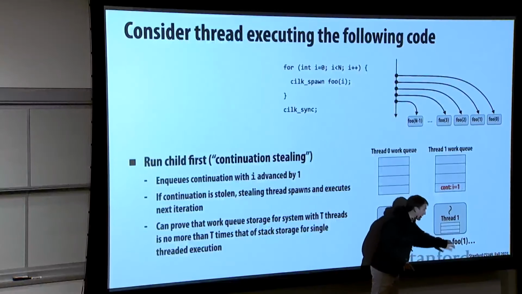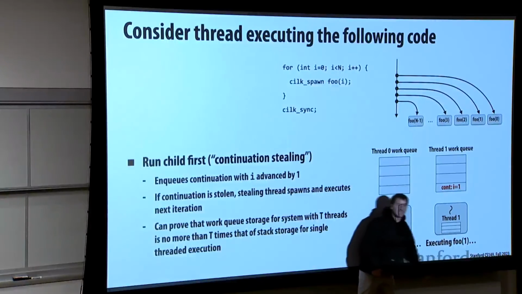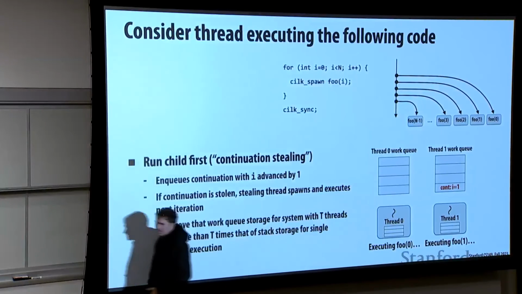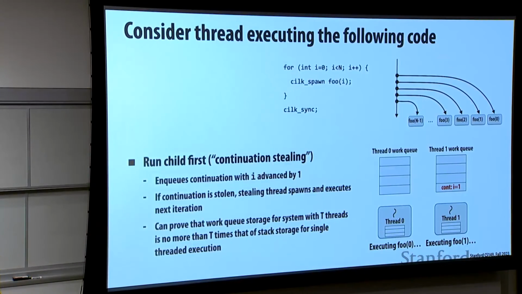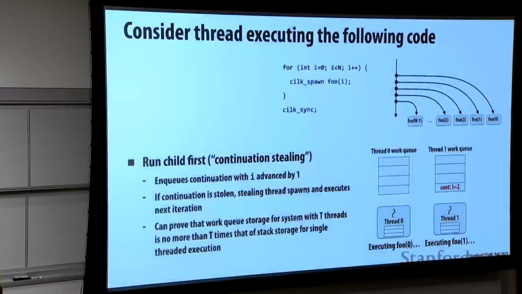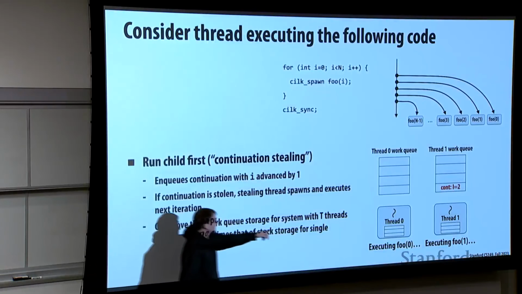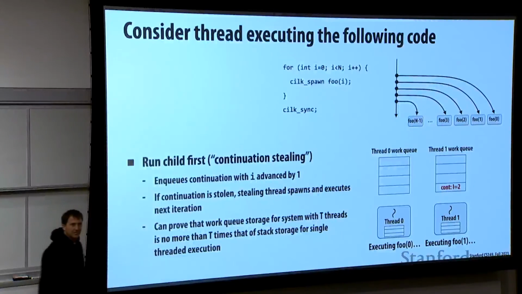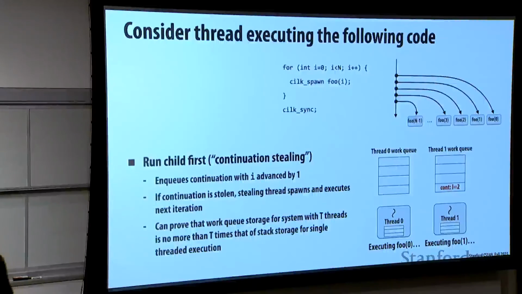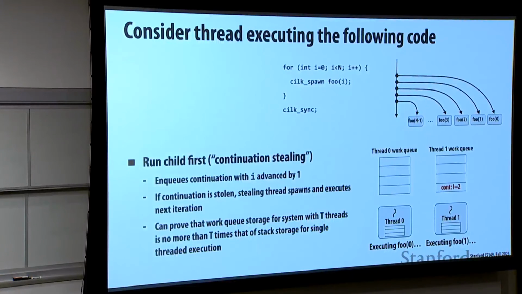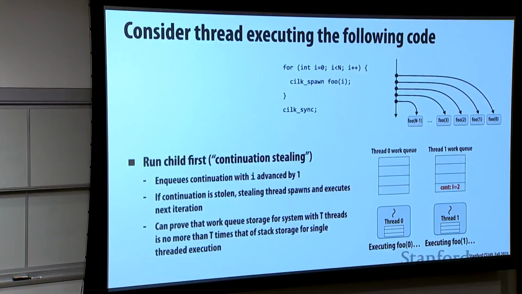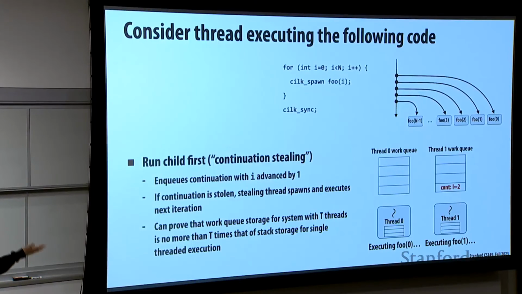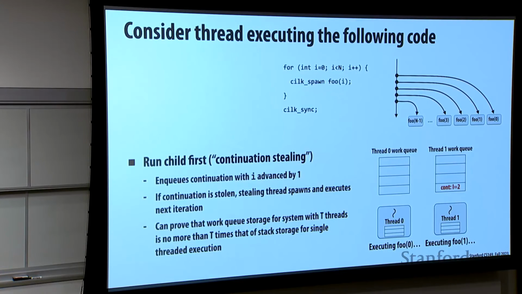Sorry, I made one mistake. Then the rest of the work to steal is the for loop beginning at iteration 2, right? And then if thread 0 gets done, it steals the continuation back, starts running foo 2, and puts the continuation with iteration 3 into its queue.